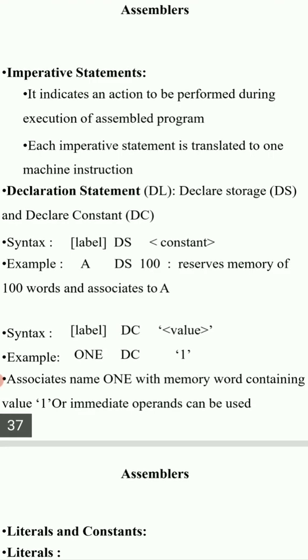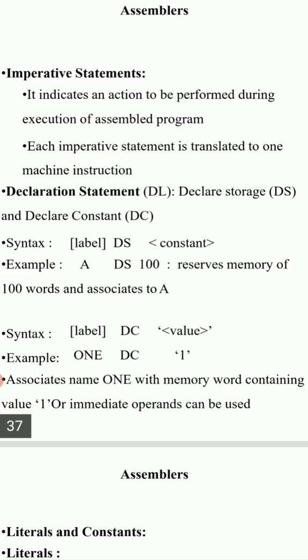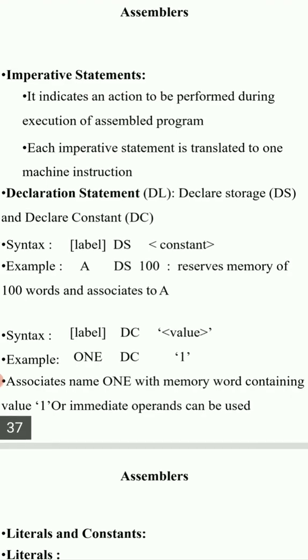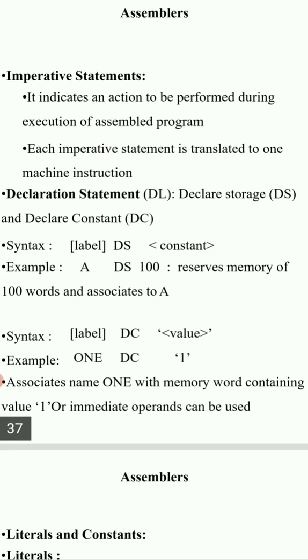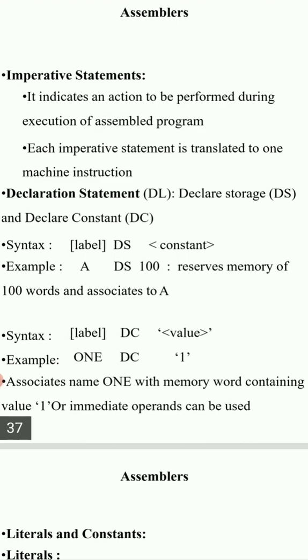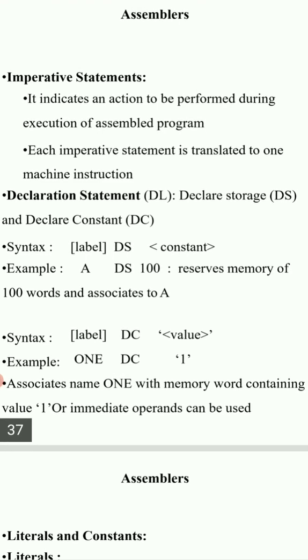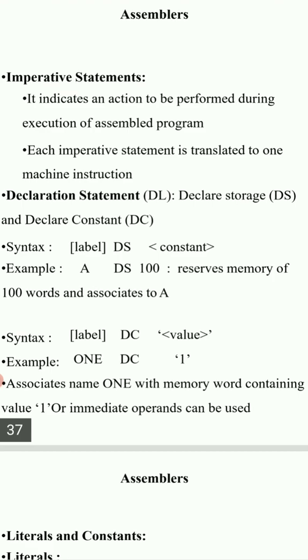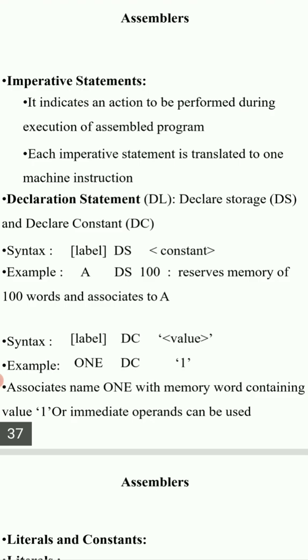After that we can see the declaration statement. The declaration statements are those statements which we use for reserving memory for a variable. We can also specify the initial value of a variable. When we require the declaration statement, it has to follow some syntax. You can see here the syntax.